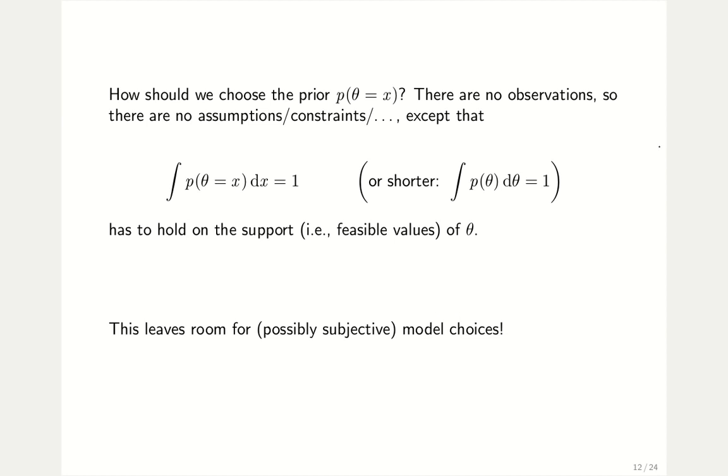These subjective assumptions are also sometimes called inductive bias. So by introducing these subjective assumptions, you're biasing your analysis or your model towards certain solutions. This is called inductive bias, and it's something that you should be aware of when you're writing down a model.